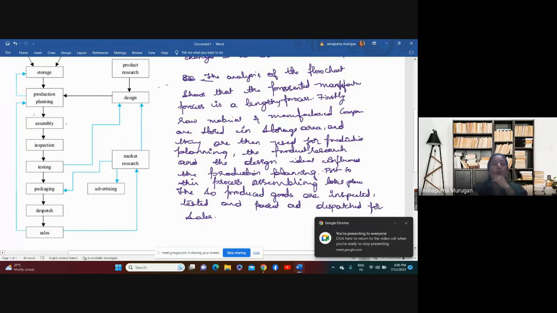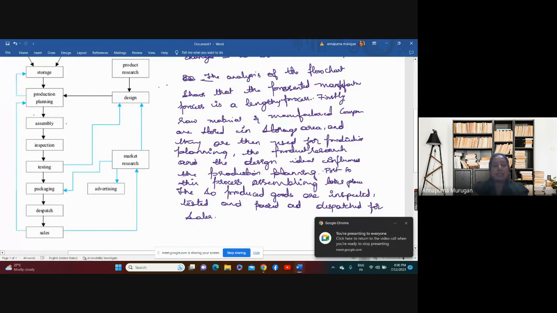Now, what is happening here? So now in the second body paragraph, we will be talking about your feedback process. Okay, so the feedback process, we can just read there. So where the feedback is happening, you can see that. Feedback comes once the sales of the product is done, once the product is sold.